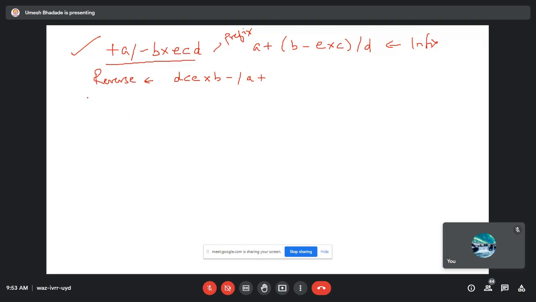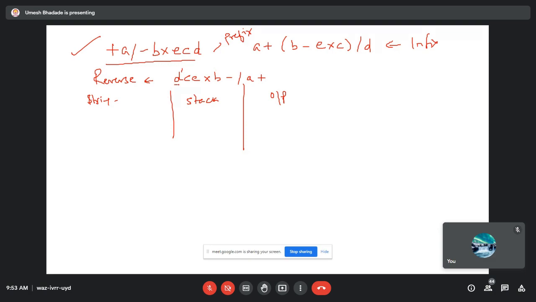Again, the same thing: I will consider this string as the expression, with a stack and output. So what is the algorithm?